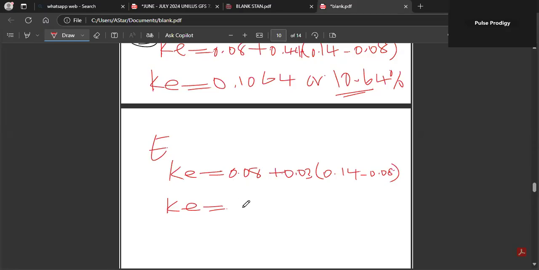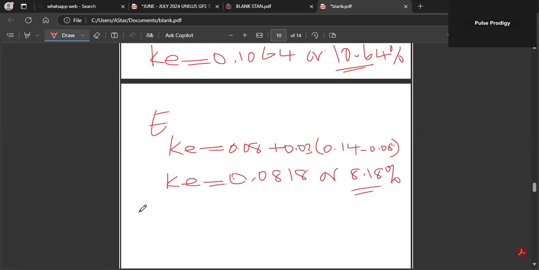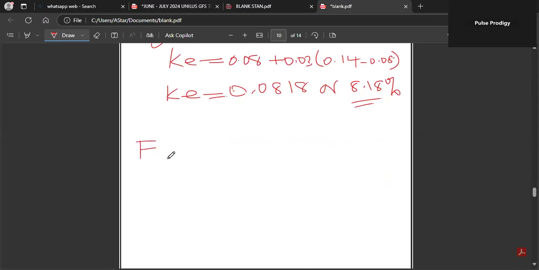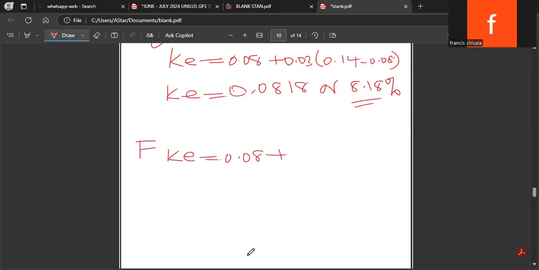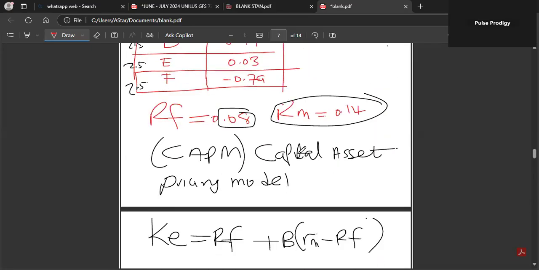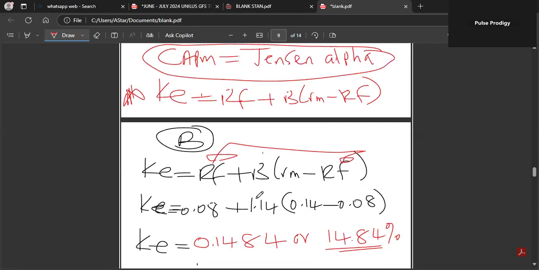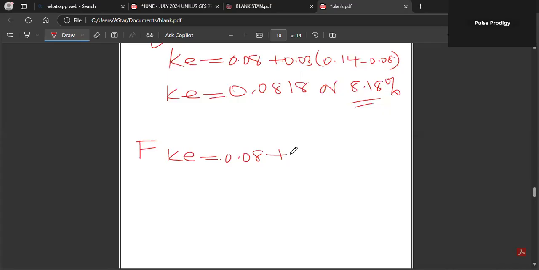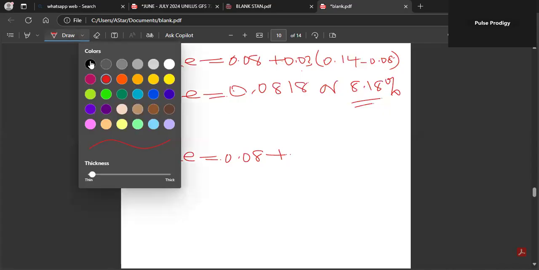It's giving us 0.0818 or 8.18%. Then the last one, F, our KE is equal to 0.08 plus, okay, so we are just, 0.79, negative 0.79.